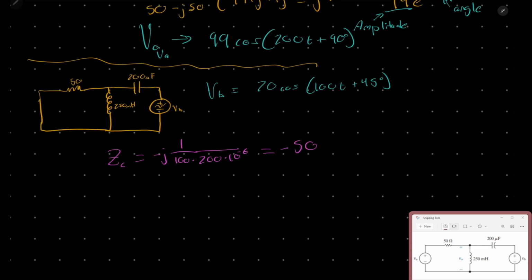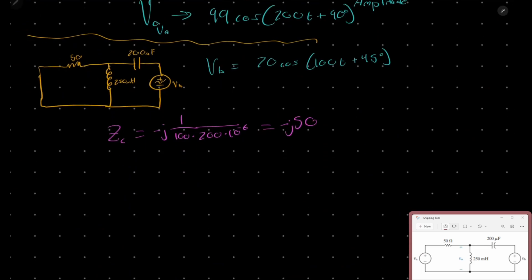And for the inductor, we will get 250 times 10 to the power of negative 3 times 100. Plug that into our calculator, and we get j25.